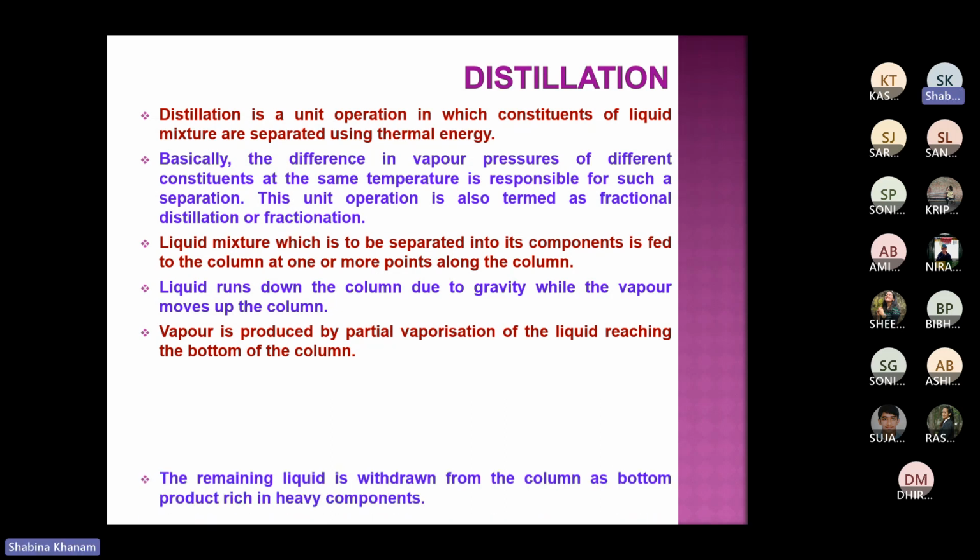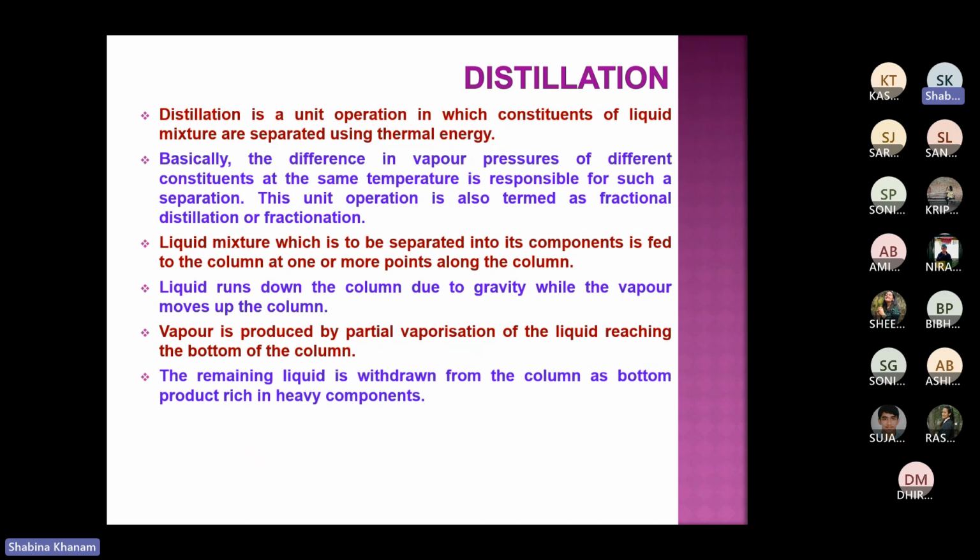So the remaining liquid is withdrawn from the column as a bottom product rich in heavy component. When we consider the reboiler, some part of that liquid is converted into vapor, and continuous discharge we also get from the reboiler. That is nothing but the withdrawal of the bottom product, which is rich in heavy component.